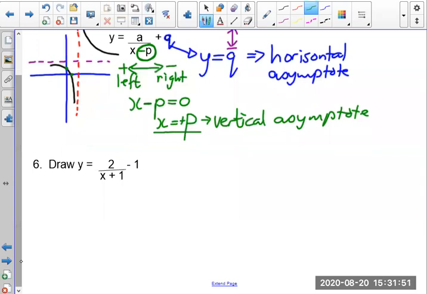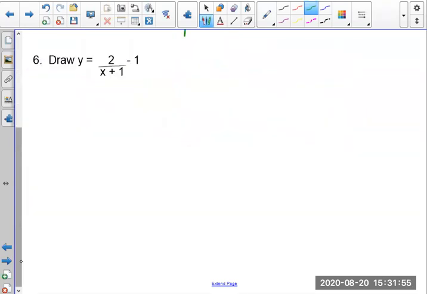So let's do this number 6 as an example. Draw y equals 2 over x plus 1 minus 1. Now we said okay, the shape stays the same. So remember, this one gives you the shape. So the shape tells you that the hyperbola will be in quadrant 1 and 3.